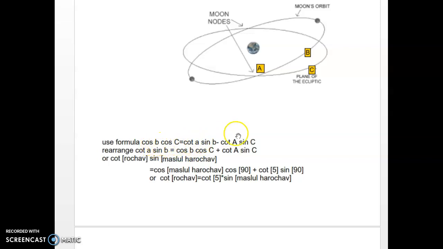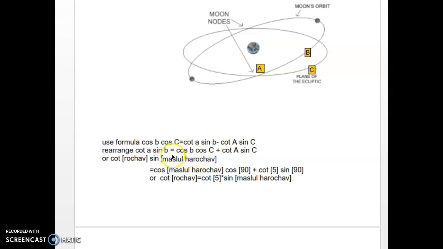So we use this formula and rearrange it: cotangent a times sine b. If you know some math, you know how to bring one part of the equation to the other side.